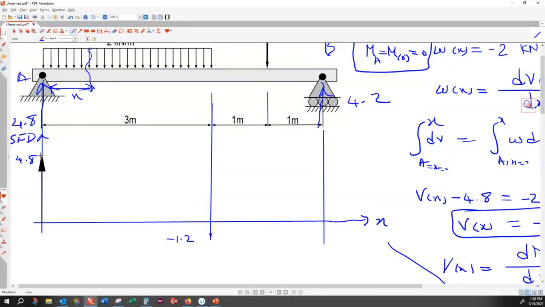So in the first zone, I have the shear force going from plus 4.8 to minus 1.2.